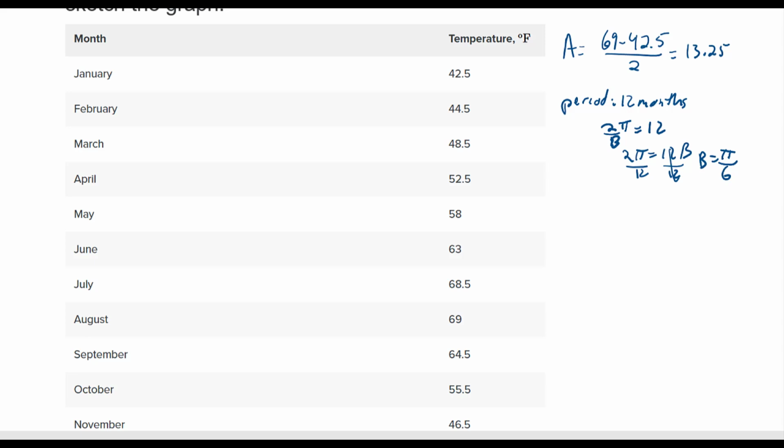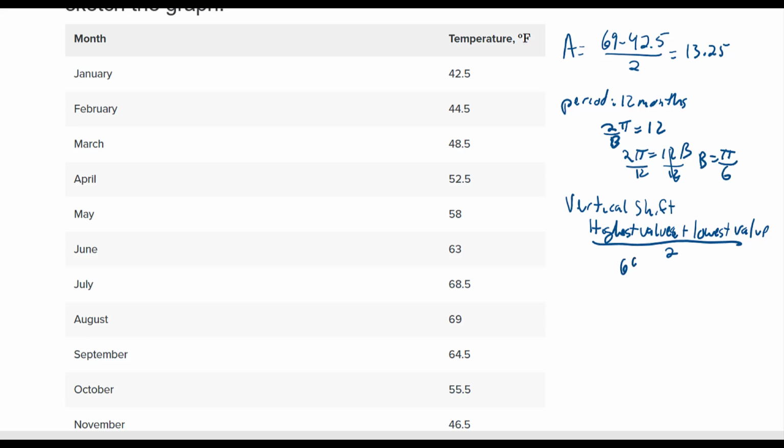Now let's look at finding d, our vertical shift. So if we look at our highest value plus our lowest value, and then we can divide by 2, that shows us where that center line is going to be.